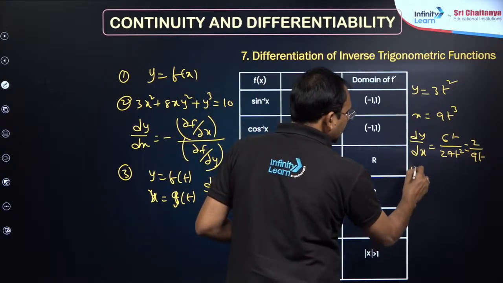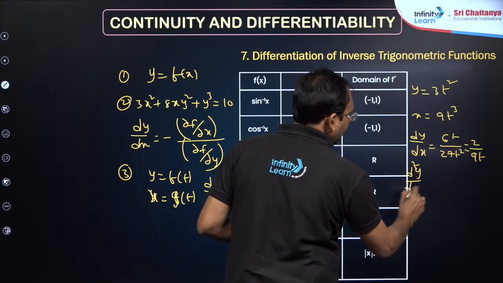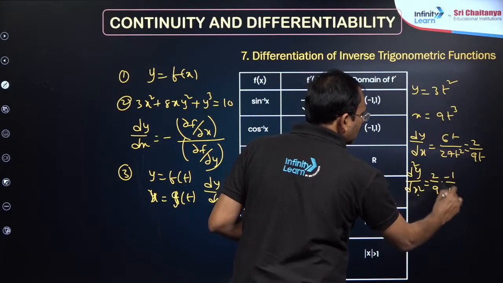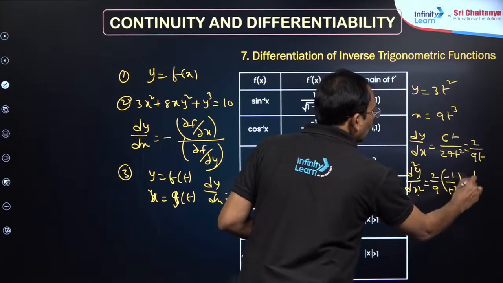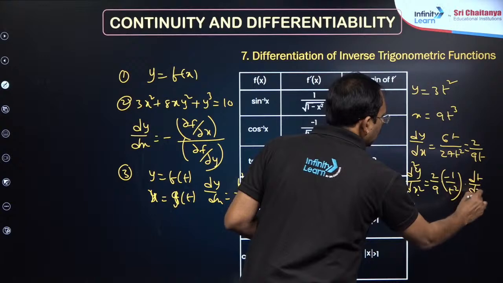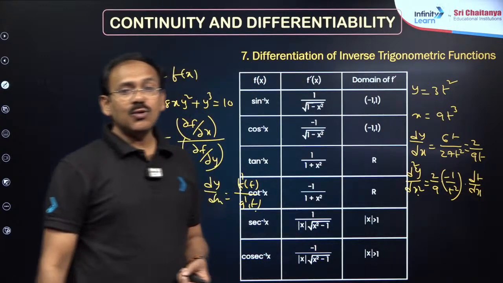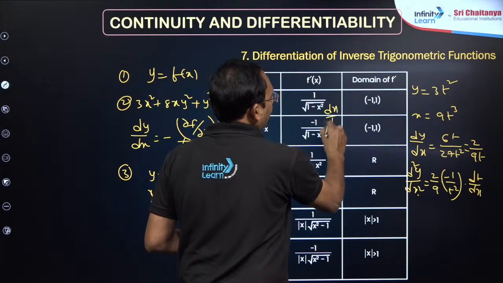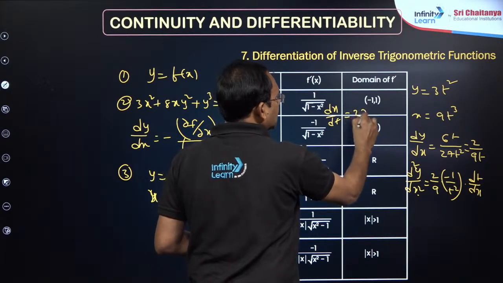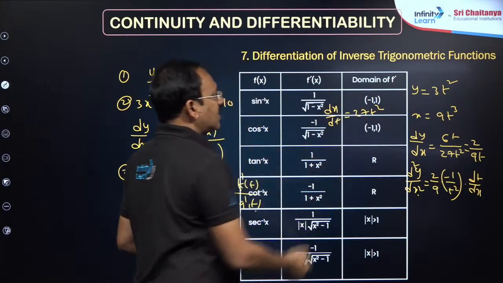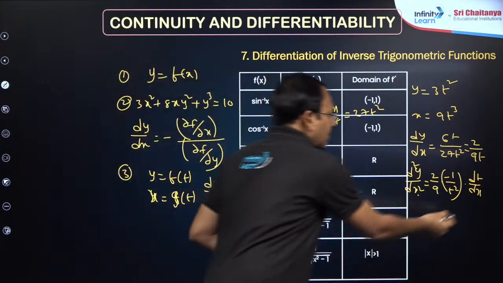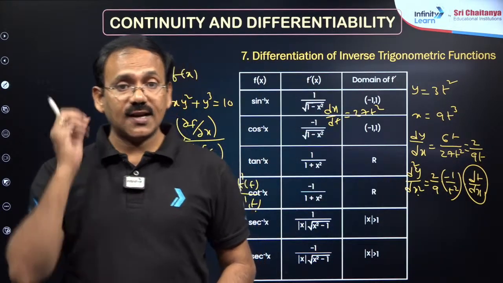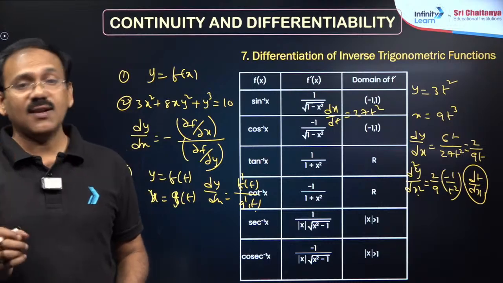You have to take its derivative with respect to x, so it is 2 by 9 into the derivative of 1 by t, which is minus 1 by t square. Don't forget to write into dt by dx. Here dx by dt will become 27t square, so dt by dx will become 1 by 27t square, which you have to write here, my dear friends. In parametric differentiation, the second derivative is very, very, very important.